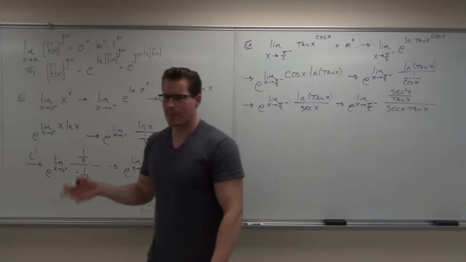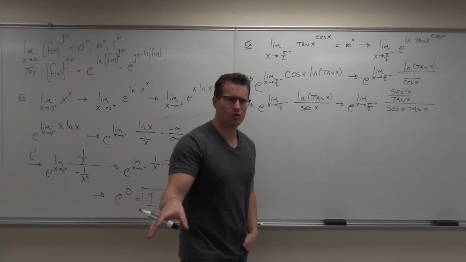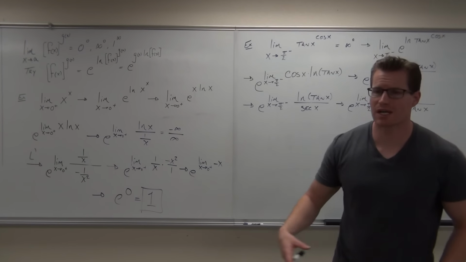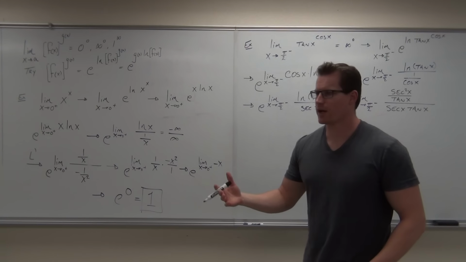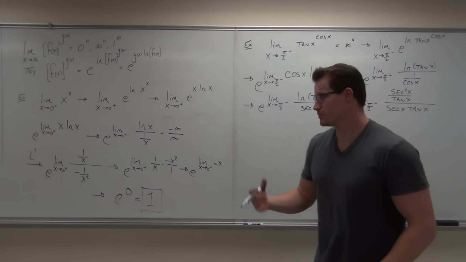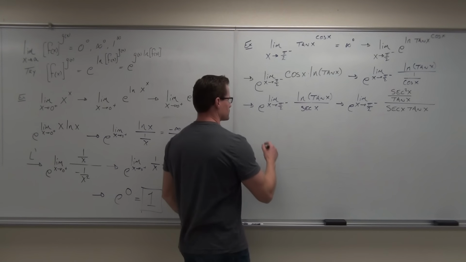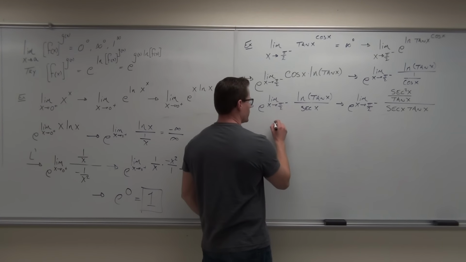Check to see if it's still 0 over 0. Should we check it or should we simplify it? Oh, yeah, you're going to simplify it first. Before you start checking again and again, let's simplify it. So can you simplify that? Yeah. I'm going to take a little side road here.